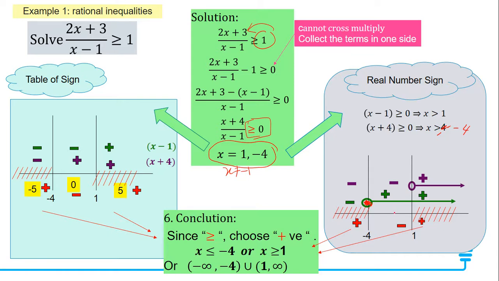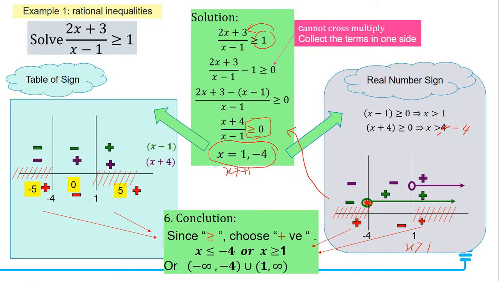Now we look back at our problem. It says greater than 0, so I'm going to choose my positive sign. The positive sign is x greater than 1. Remember there's no equal because x cannot equal 1.